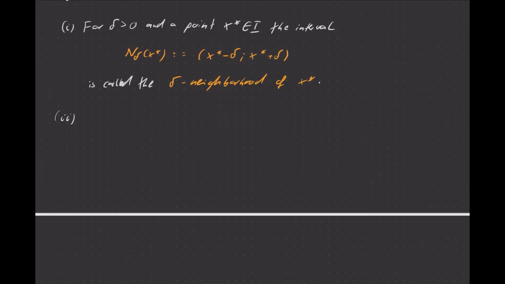We'll start with maximizers. So part 2, a point x star in I is called a local maximizer of f.